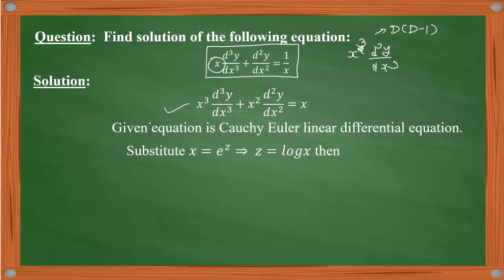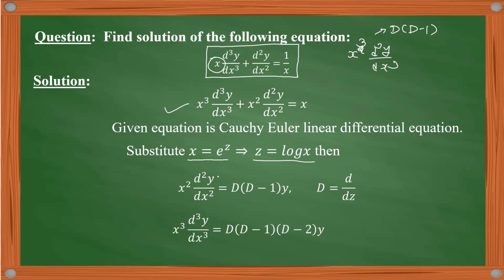Now similarly as in the previous method, we will substitute x by e raised to z, or z is equal to log x. Then this x square d2y by dx2 will be replaced by d into d minus 1. Similarly, this x cube d3y by dx3 will be replaced by d into d minus 1 into d minus 2.